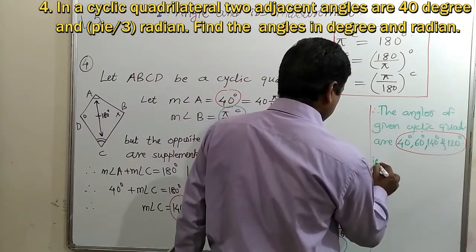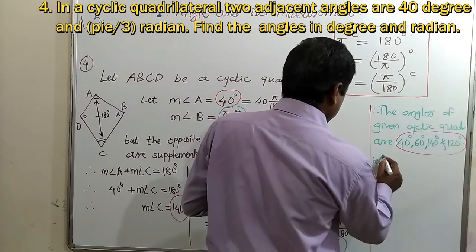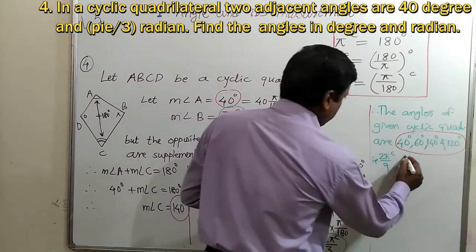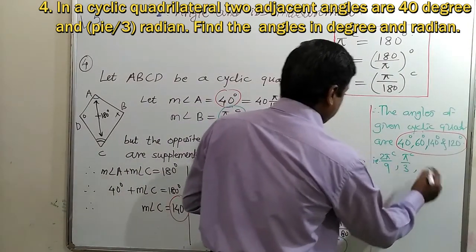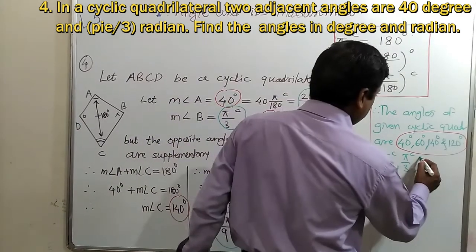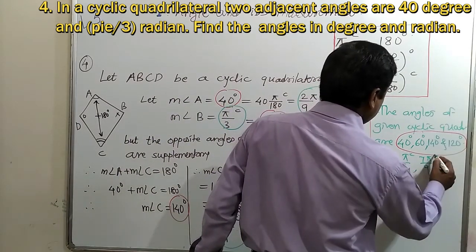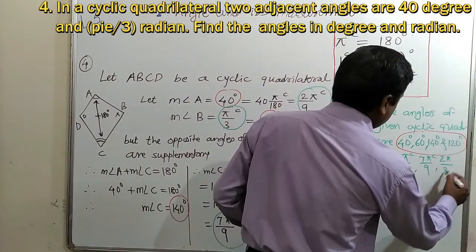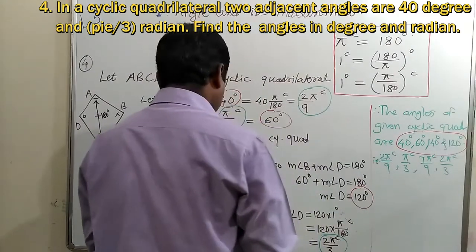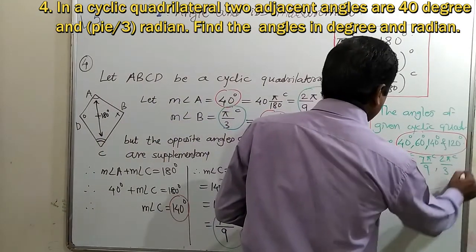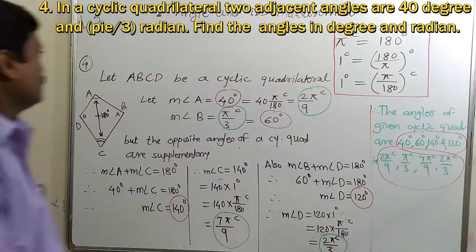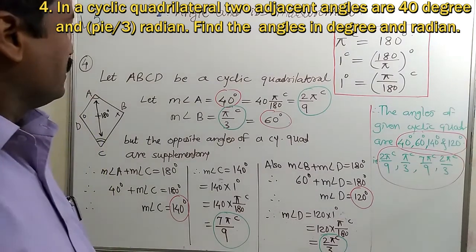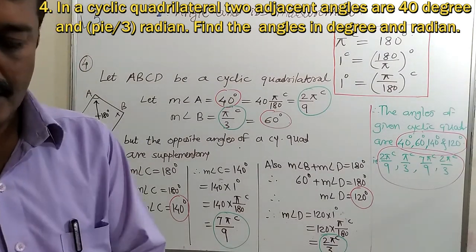That is, 2 pi by 9 radian, second one is pi by 3 radian, third one is 7 pi by 9, and last one is 2 pi by 3 radian. These are these four angles in radian. Okay. So this is the method or way to solve such type of example. Let us move towards the last one.